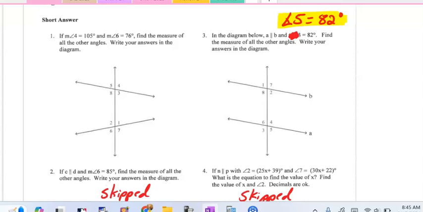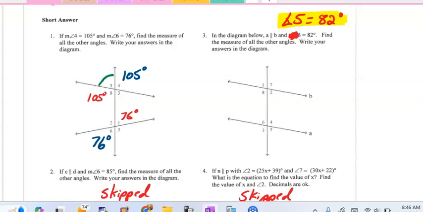So if we look at problem number 1, I'm going to label angle 4 to be 105 degrees, and then I'm going to label angle 6 to be 76 degrees. So we should know right away that vertical angles are the same. So angle 8 is 105 degrees, and angle 1 is 76 degrees because it's vertical to angle 6.